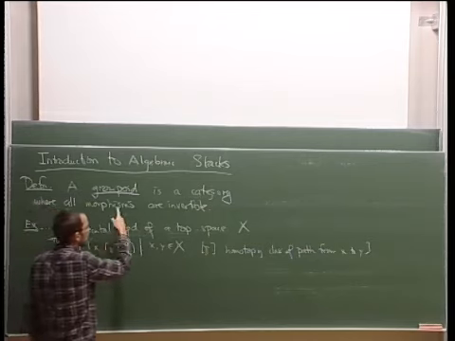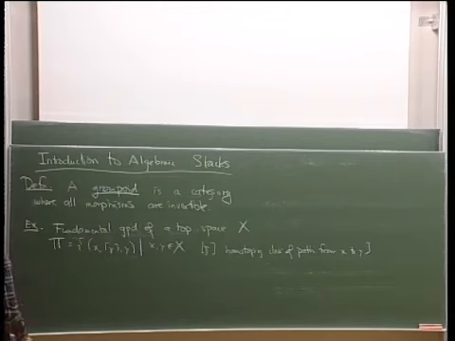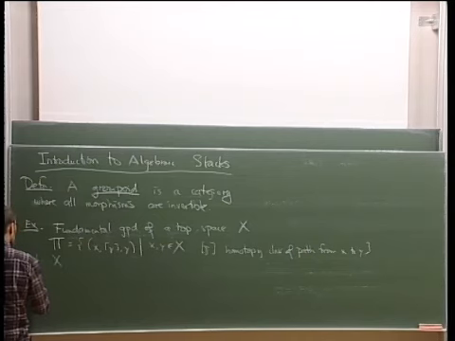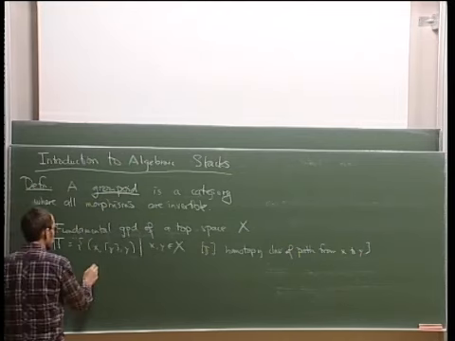In this case, the objects of the category are the points of X, and all the morphisms of this category are given by Pi.